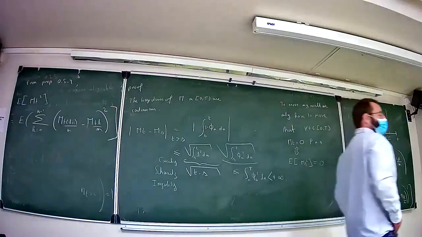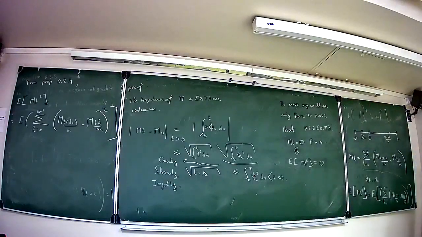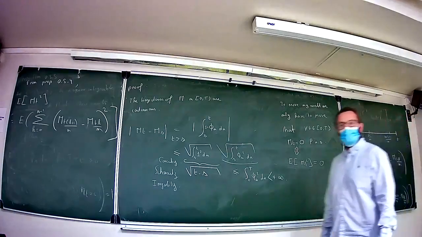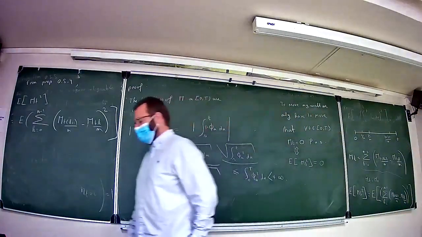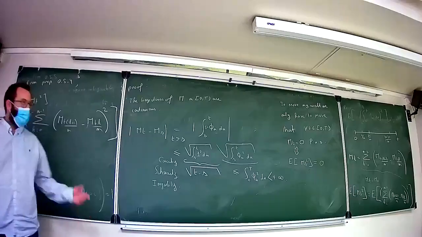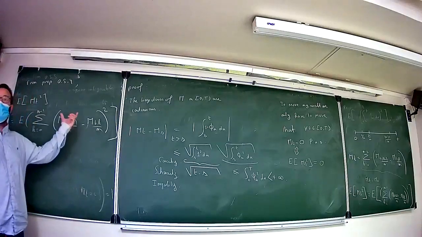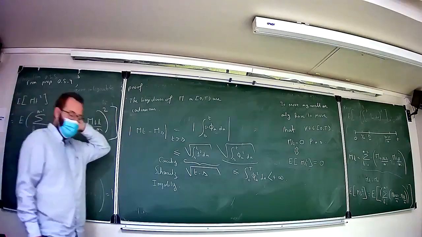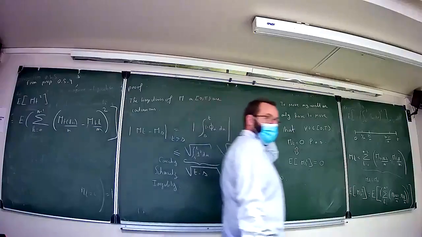I repeat, because the square of a sum is the sum of the squares plus the products of terms with different indexes. And you have, in fact, the expectation of the product of increments on disjoint intervals from the previous proposition. We have proved together that this expectation is equal to 0. That's why it only remains the sum of the squares, the expectation. Okay? Clear for everybody?